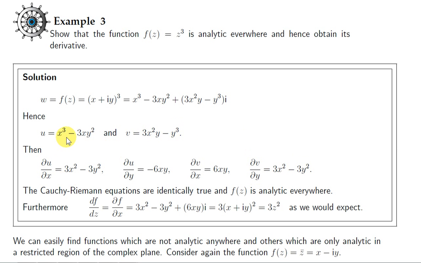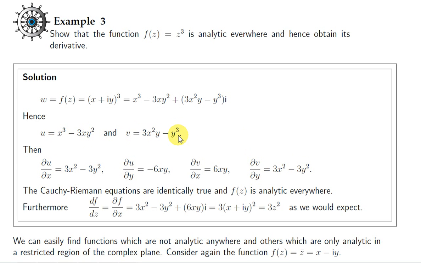Now we need to get du/dy and dv/dx. So we treat x as a constant here, and x cubed goes out, and we get minus 6xy here. We treat x as a constant. That's du/dy.